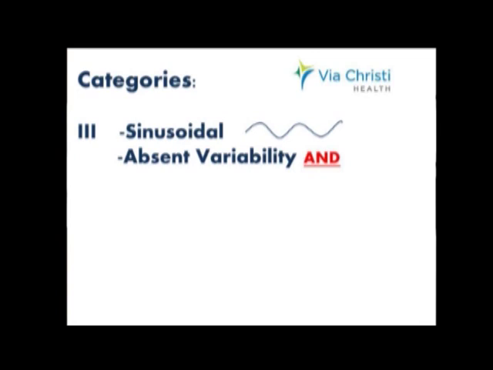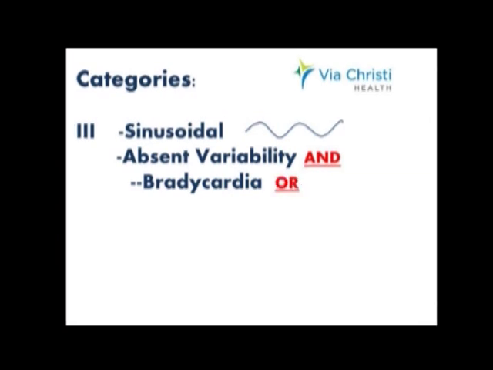So what type of rate is bad? Bradycardia. So absent variability and bradycardia, or absent variability and recurrent variable or late decels.